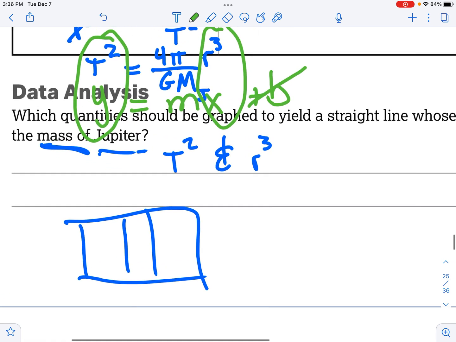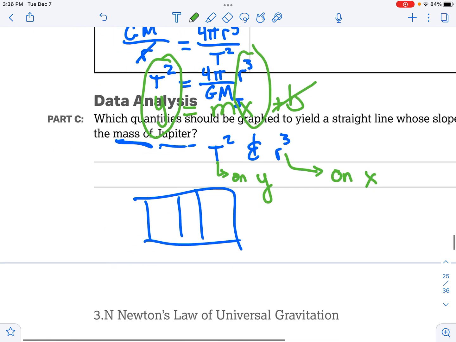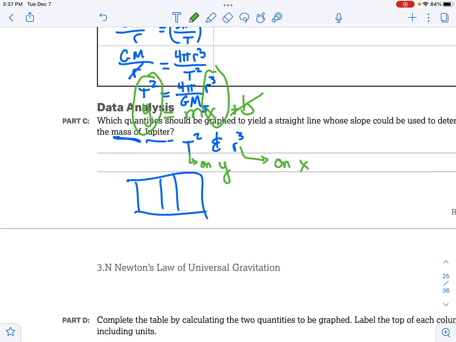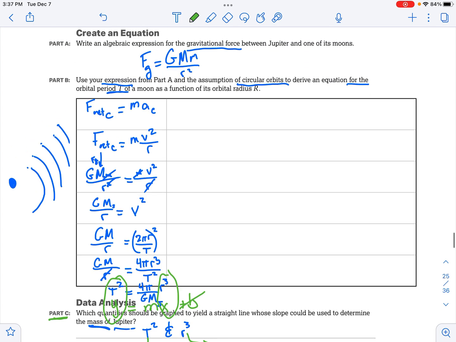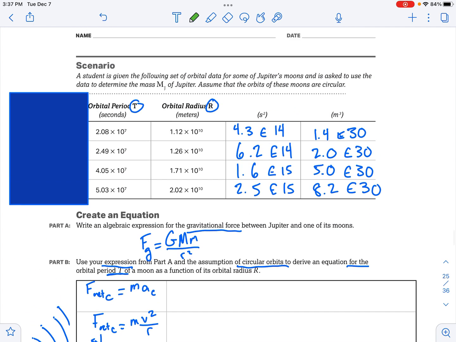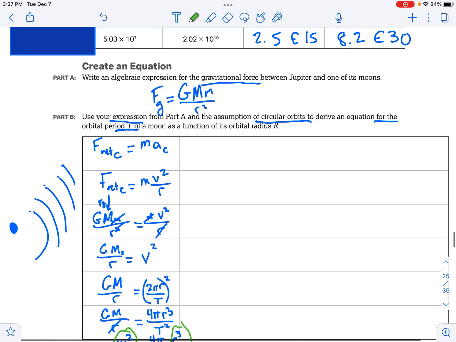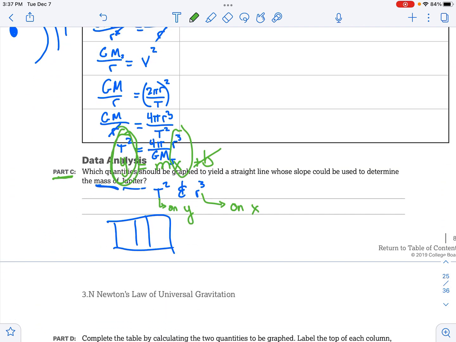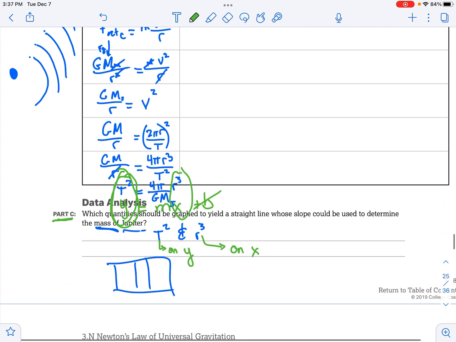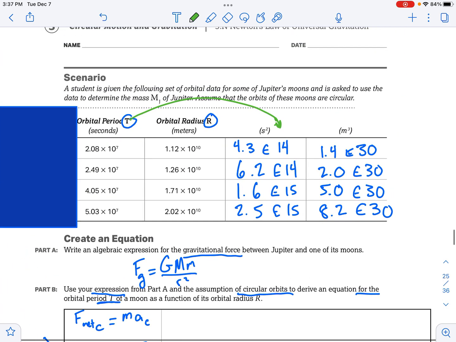So mark that in, T squared on the y-axis, r cubed on the x-axis. Okay. After part C, we're actually qualified now to go back up to our data table and say, okay, that's why I want period squared, because of this. And because of this, the radius cubed, that's why I'm going to do meters cubed.